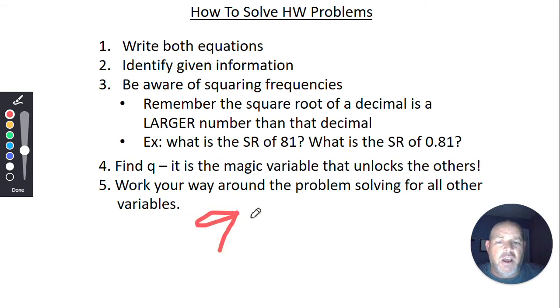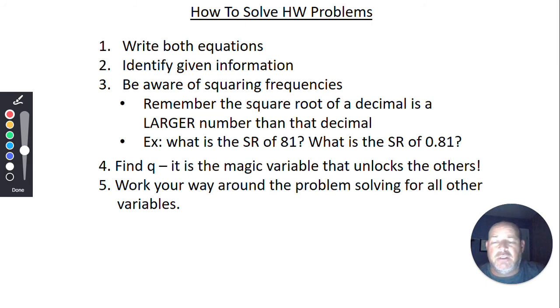But if I still know Q and Q is 0.4, like I said a second ago, I could also just say, well, I know Q squared, right? In the other equation, 0.4 squared is going to be 0.16. So you can go a couple different ways depending on what the question's asking you. So once you find one value, then you can kind of just work your way around the equation and start solving.